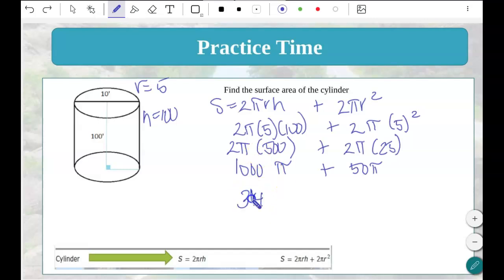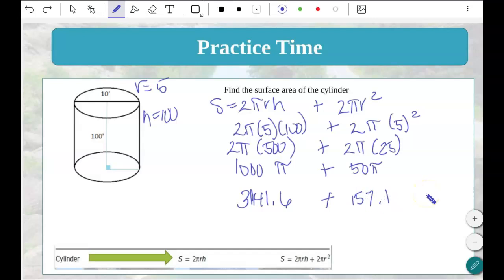Wish they had on here to round so we would know, but all along, it's fine. Just do what I'm working on here. So 50 pi, 157, we'll just say 157.1. And then add those together.